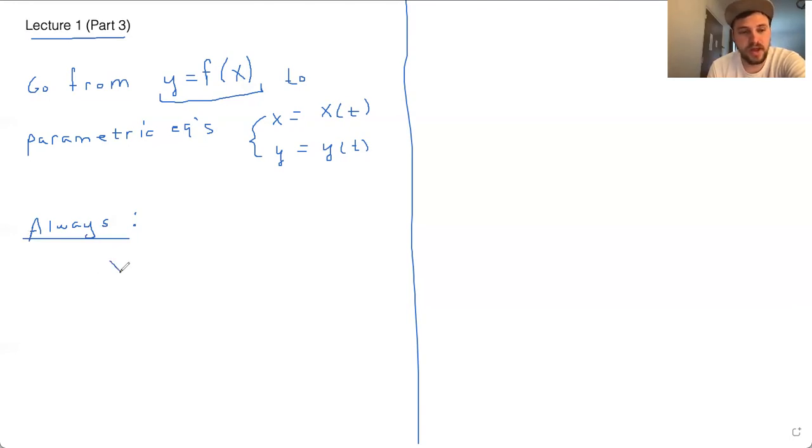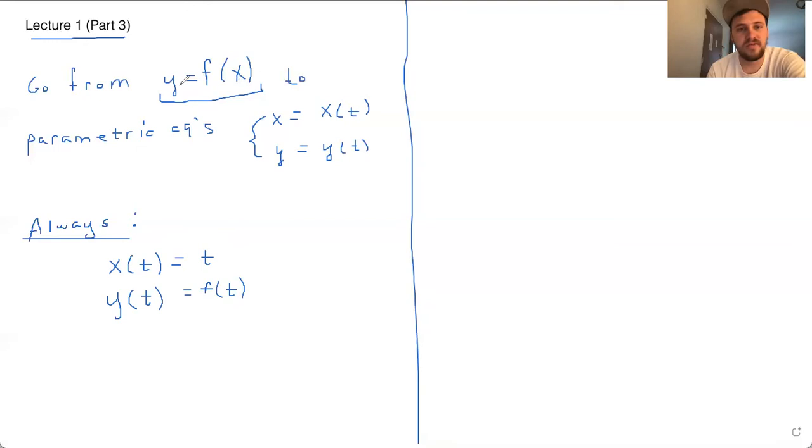We simply let x of t equal t, and then y of t is, well, we're just replacing x with t now. So where we had f of x up here, y of t is just f of t.